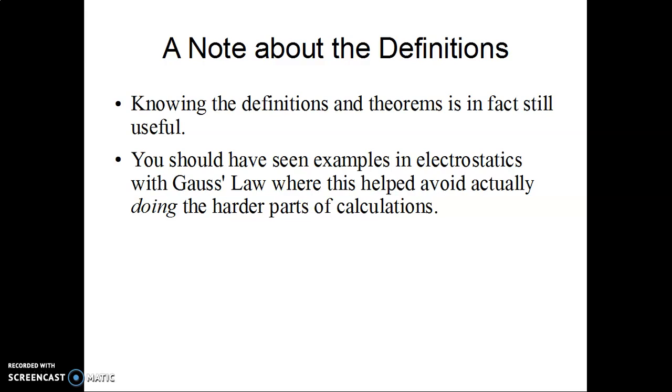To me, the best way to think of that is when we did examples in second semester physics in our order of physics, we did electrostatics with Gauss's law.